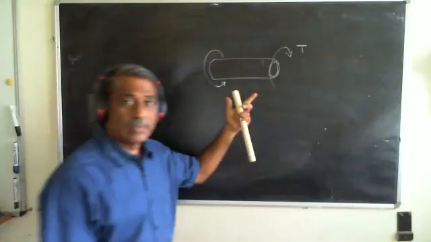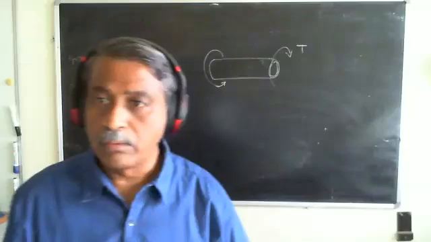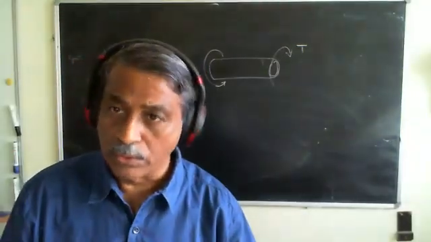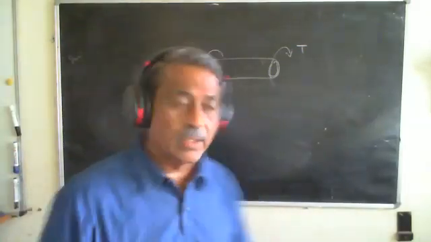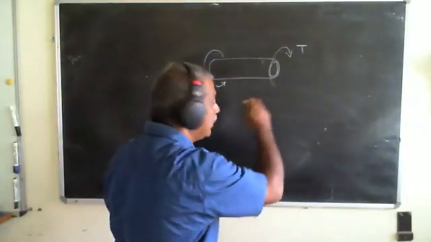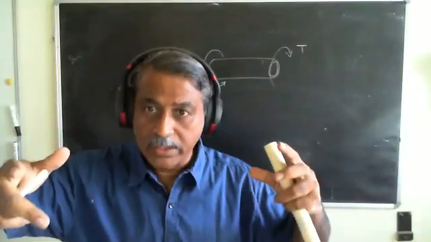Based on that, we will find out what deformation it goes through. Of course, I know one thing: if I twist, there will be a twist, the angle of twist.